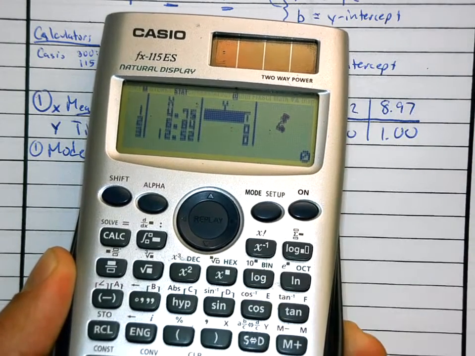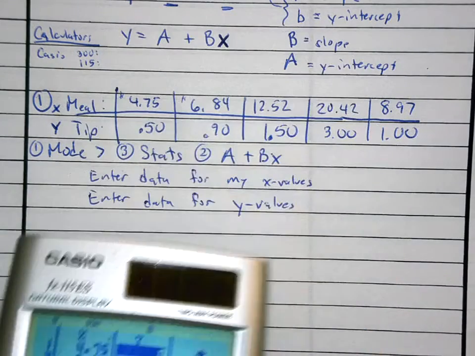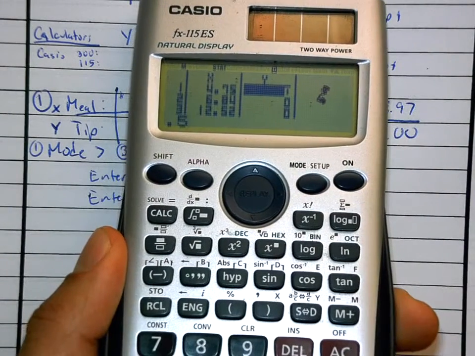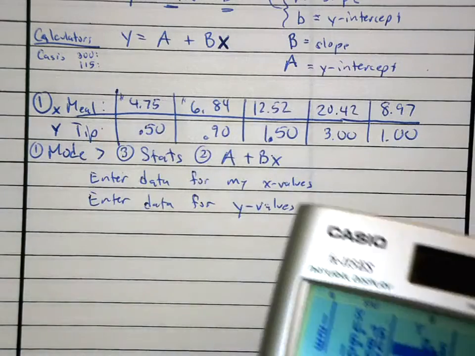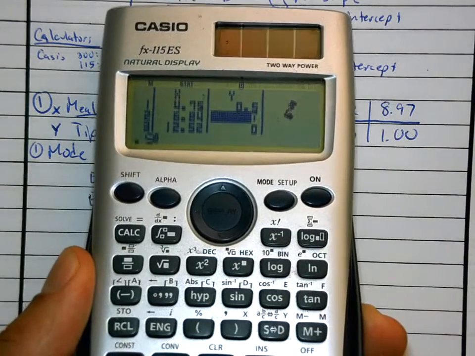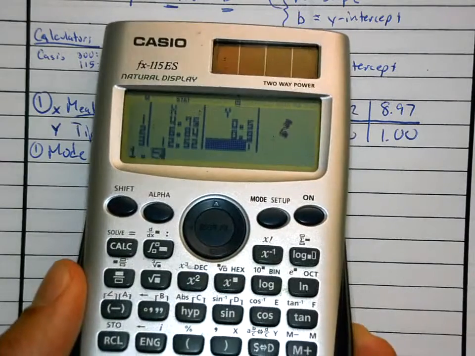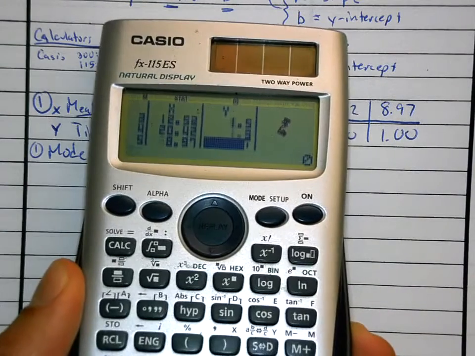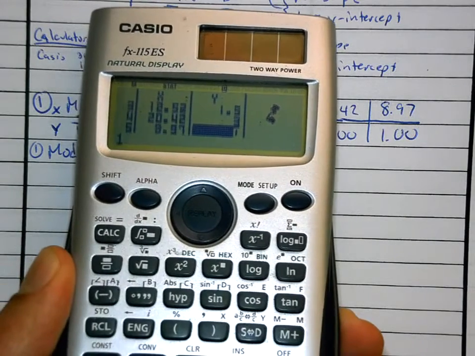You see how I'm ready to enter my first Y value? What do I type in? 0.5. Do I have to put the 0 in 0.50? Okay, so I'm just going to put 0.5. What's the next one I have to punch in? So you understand what I'm punching in? 1.5. 3, I don't need to put in 3.00, or I can type in 1, enter.